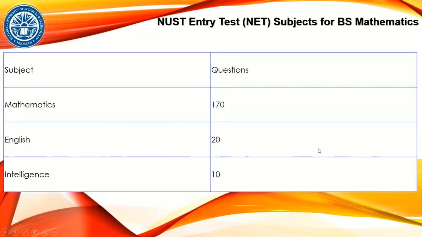English is always there, and intelligence is only 10%. So if you are purely interested in BS mathematics, you will have to focus on only one subject, mathematics, 170 questions.